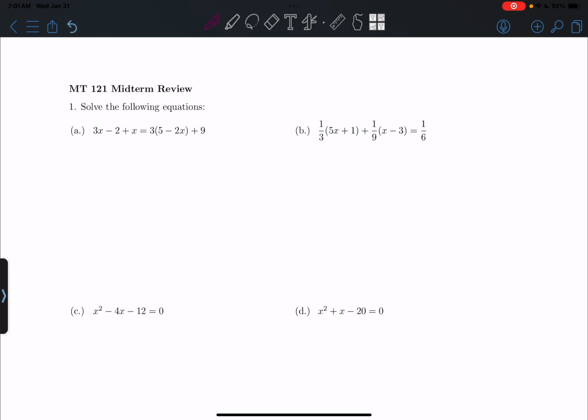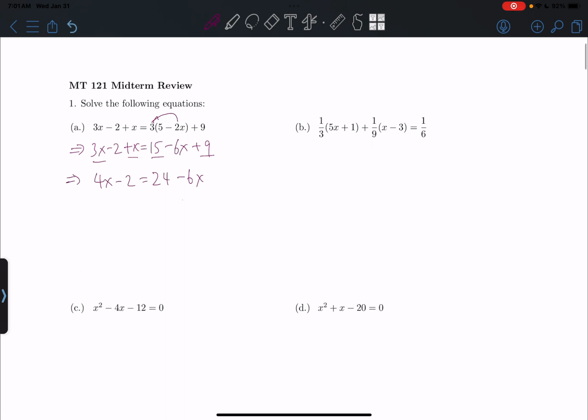Okay, starting from number 1a, the first thing we are going to do is to do our distribution. And then we're going to combine like terms. And add 6x both sides, plus 2 to both sides.